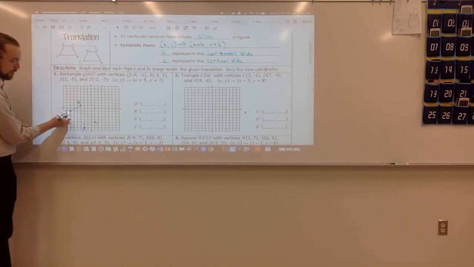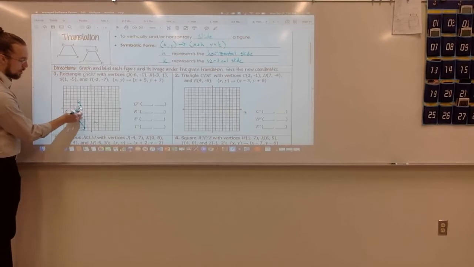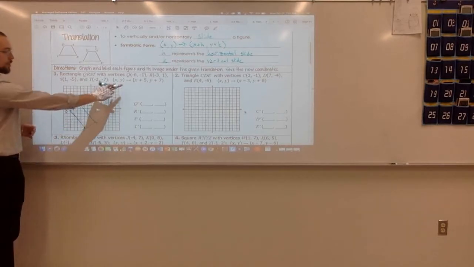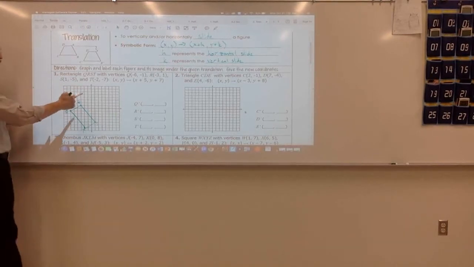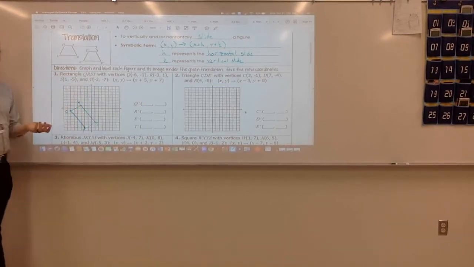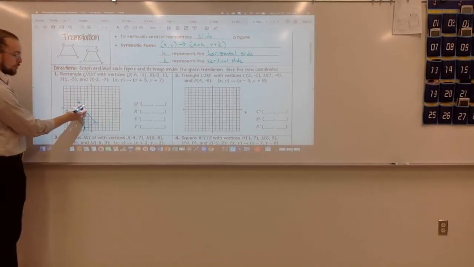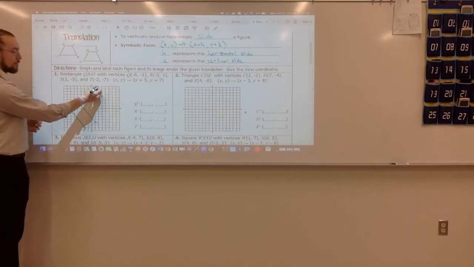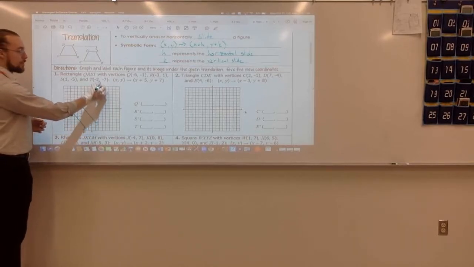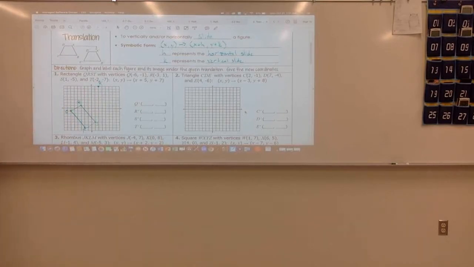And it's saying take that rectangle and shift it using this rule. So I'm going to add 5 to each x coordinate and add 7 to each y coordinate. On a graph, that means I'm going to go right 5, up 7 for each coordinate point. If I start with R, 1, 2, 3, 4, 5, up 1, 2, 3, 4, 5, 6, 7. And remember our notation for our shifted point, we put that little apostrophe up there. We call it a prime.